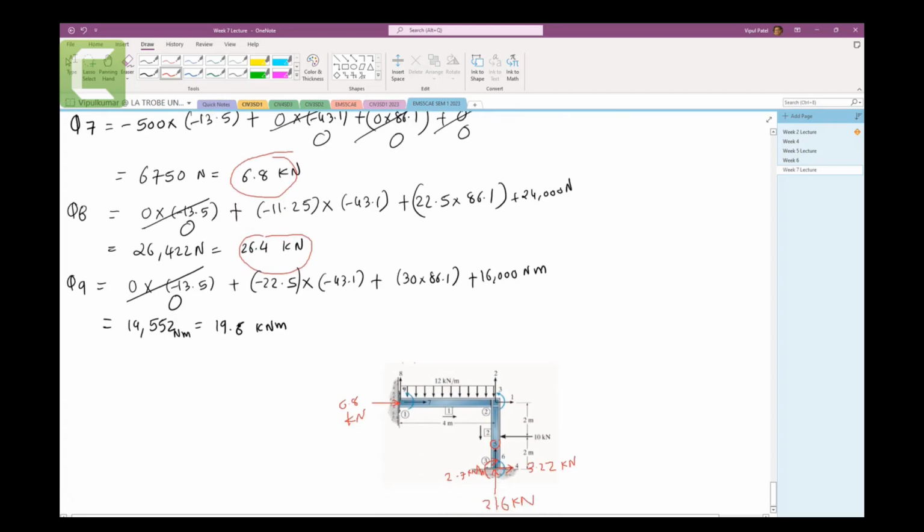Don't hesitate if you have a positive or negative answer. Positive answers mean that the direction you assumed is the same as what you found. So 26.4 kilonewtons. And the last one, 19.6. So that's basically these directions. This one is 19.6 kilonewton meters. So that is all we put onto the diagrams. I hope it makes sense.